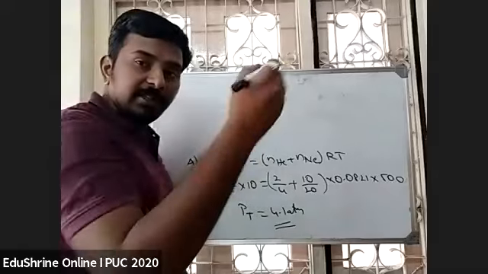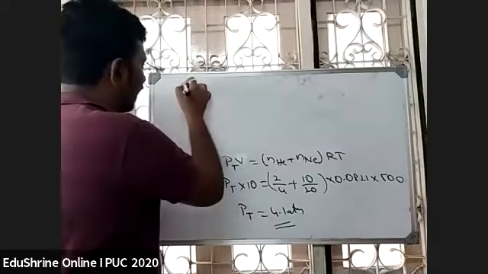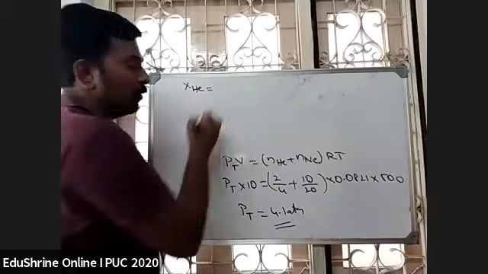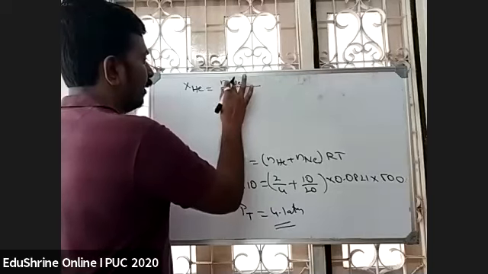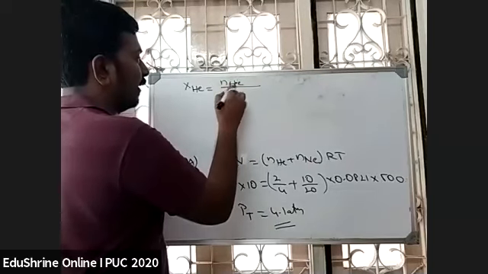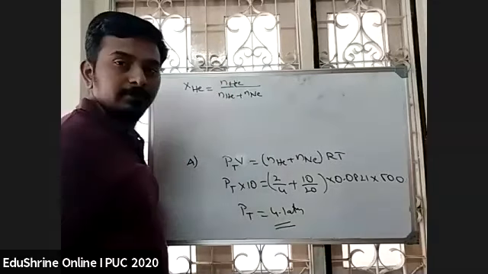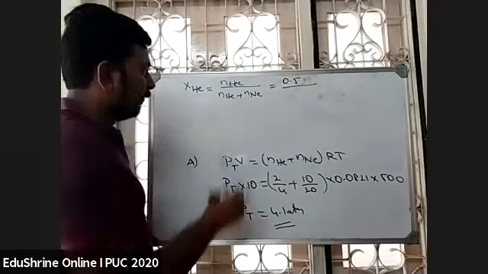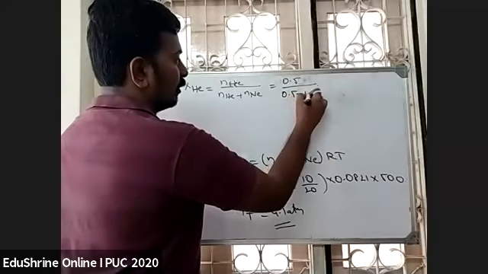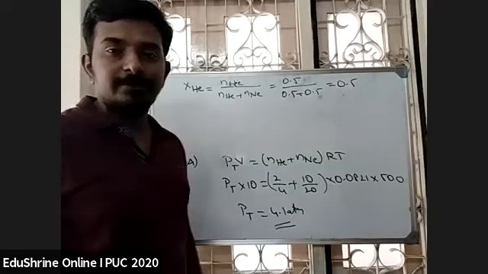by using that relation, partial pressure is equal to total pressure into mole fraction. First, I need to calculate the mole fraction of helium. What will be the mole fraction of helium? Number of moles of helium by number of moles of helium plus number of moles of neon. Number of moles of helium is 0.5, this is also 0.5, so the mole fraction of helium is 0.5.